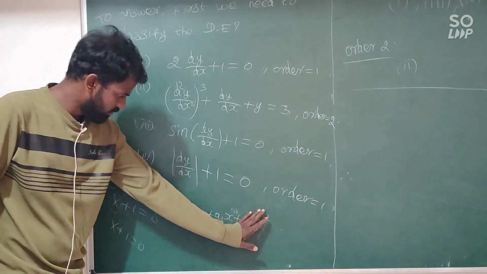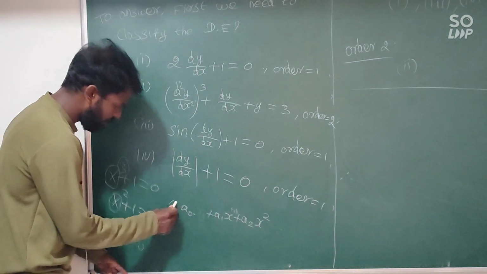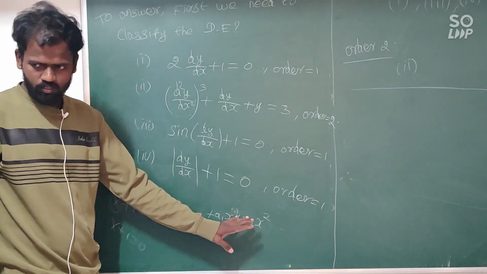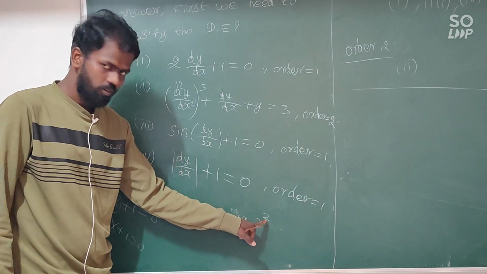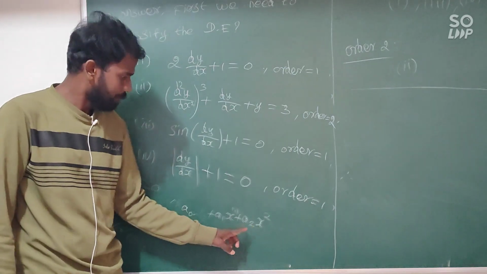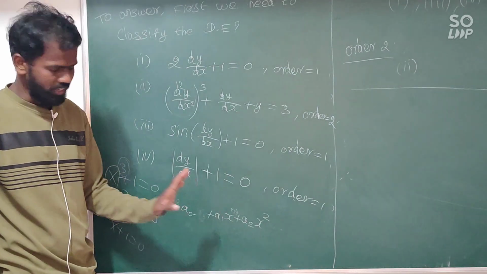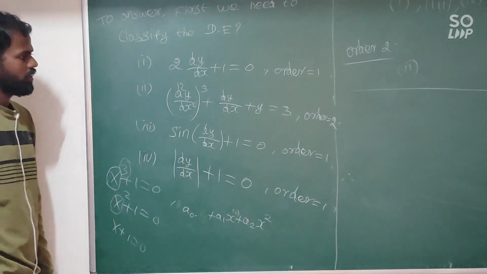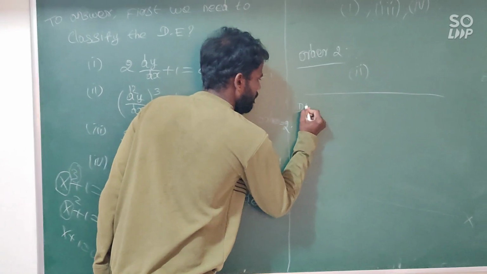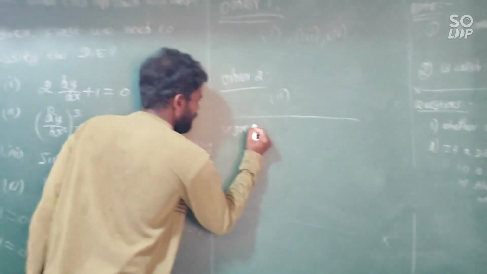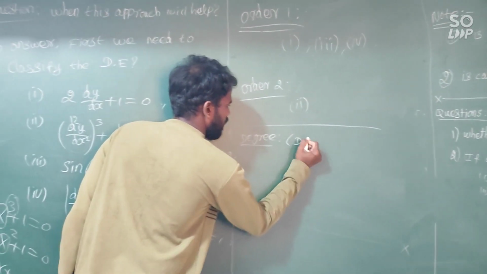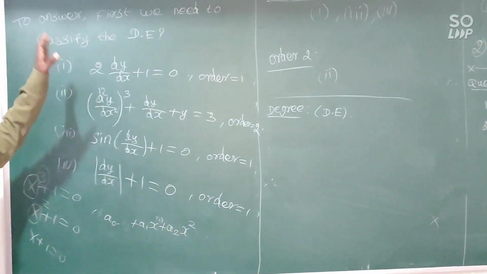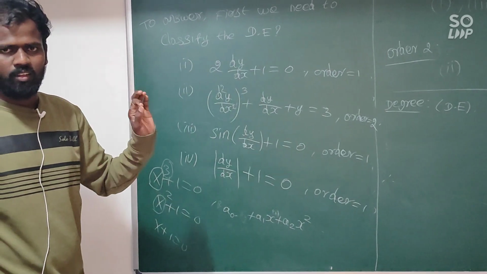So for the polynomial p of x, the highest power present in the polynomial is called the degree. Likewise, here also you can use the degree. What is the definition of degree in a differential equation? For all differential equations, you cannot define the degree.